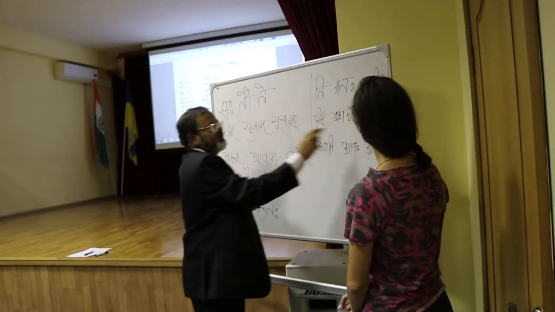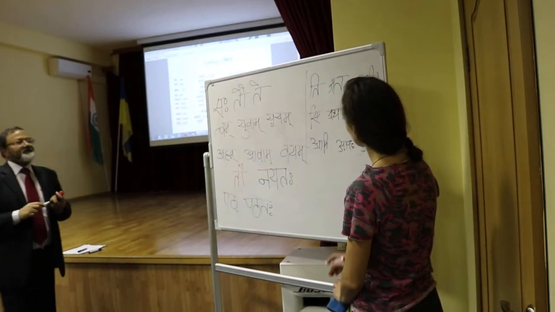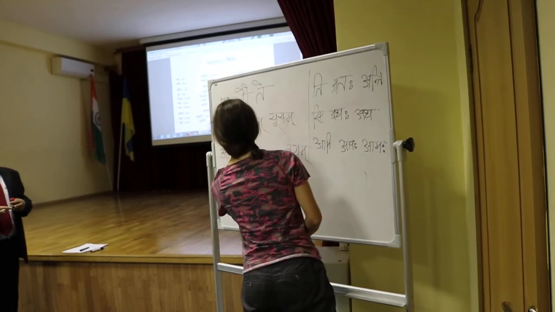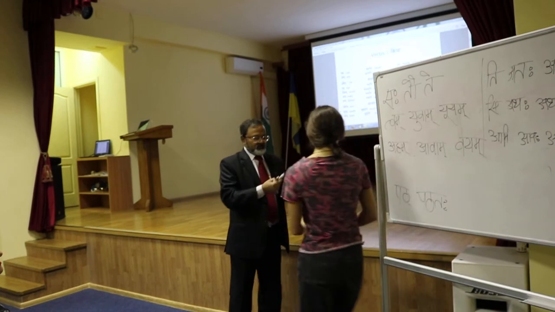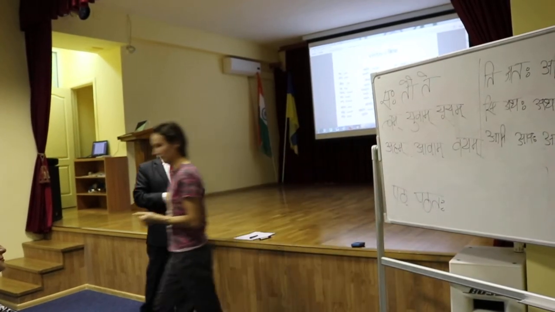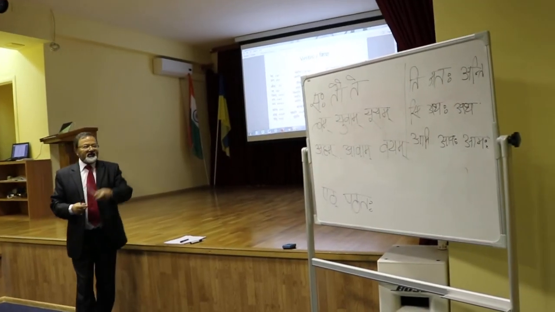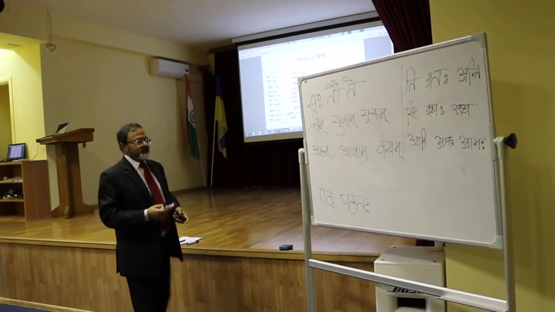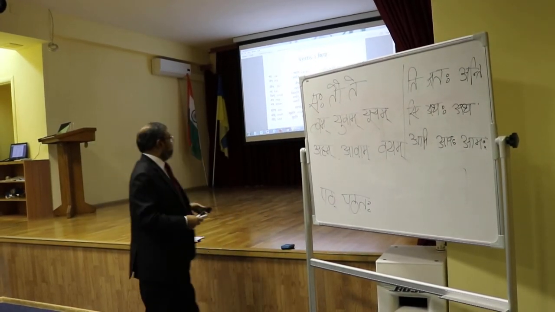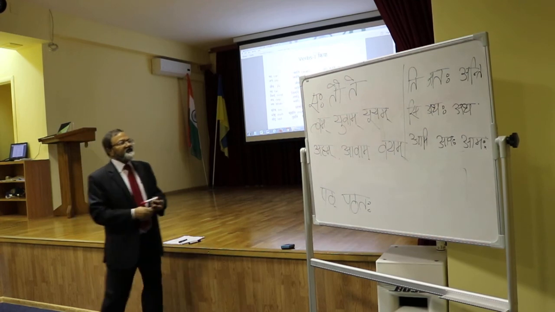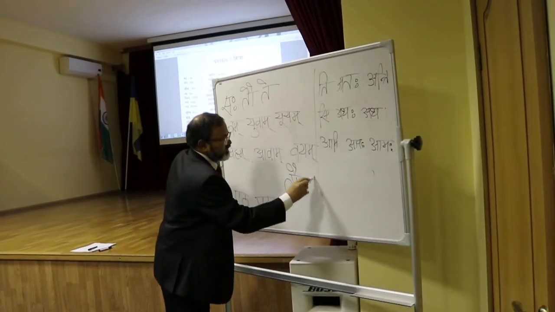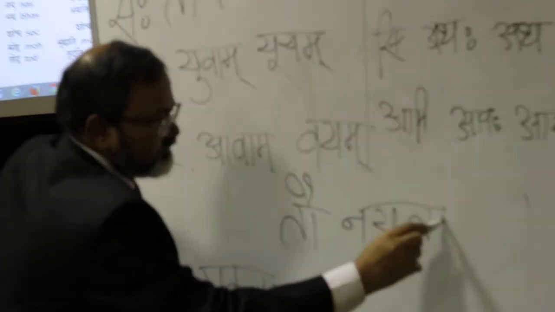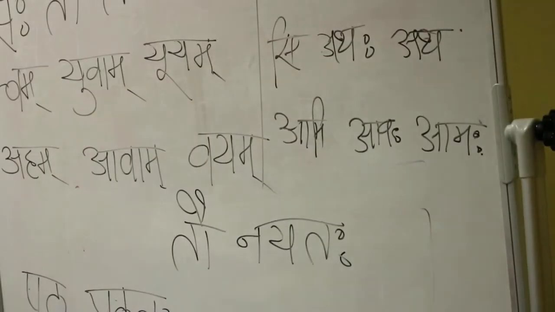Everywhere the a will be there. But for ease of speaking, like a poem, you simply say it like this. Otherwise, you are right, it can be confusing. So, what did we write there? Tau nayata. Okay?